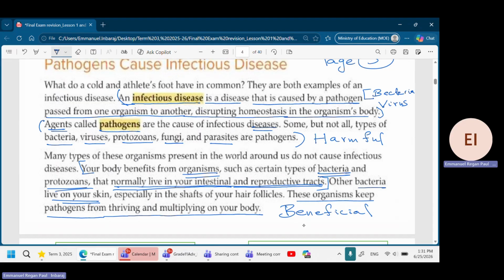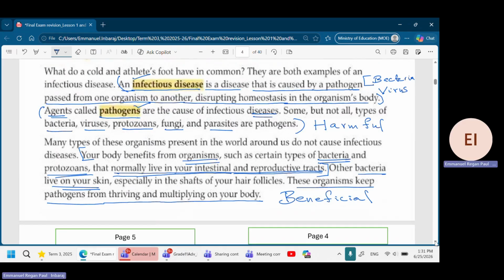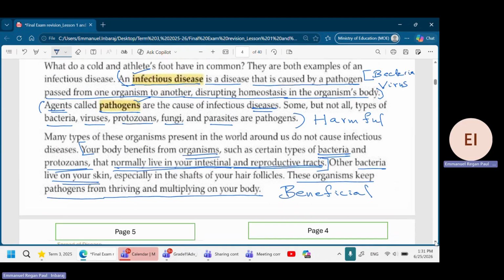Is it clear? So now we have studied what an infectious disease is, what a pathogen is, and that there are some bacteria and protozoans that live in your intestine and reproductive tracts. These are the concepts that you need to study from page number 3.